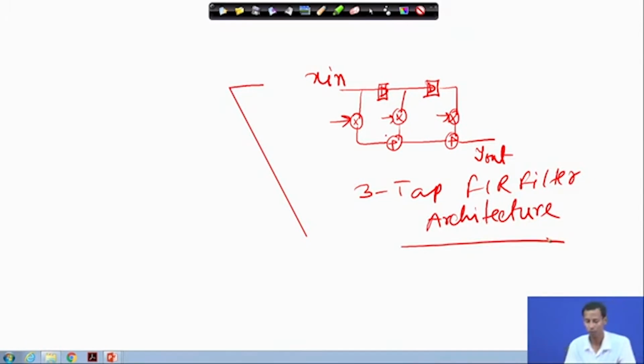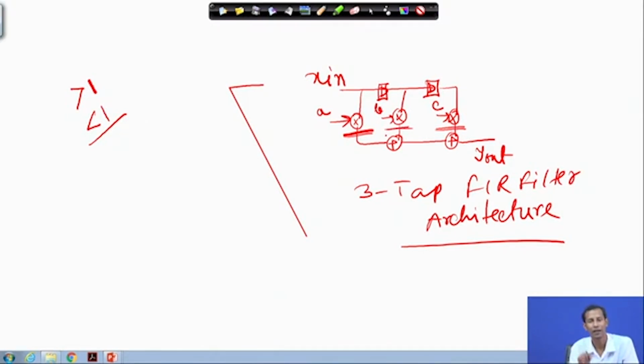Here you see I need multipliers for doing these 3 multiplications. These are the coefficient values, which are A, B and C. In most cases we know that the FIR filter coefficient values cannot go beyond 1, so they are basically less than 1 all the time.